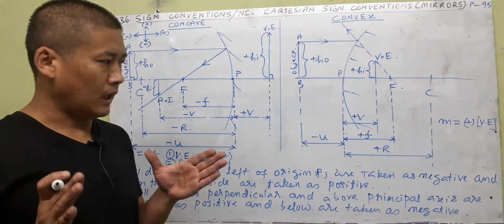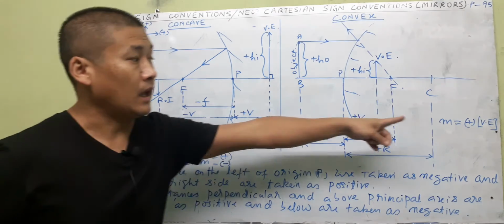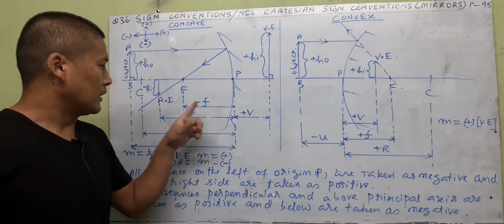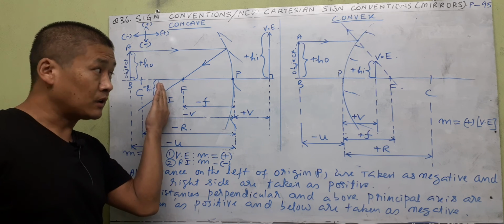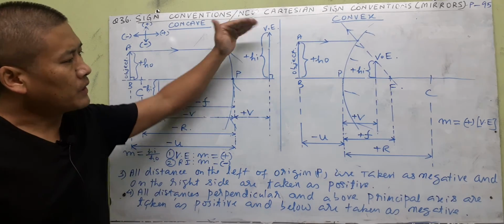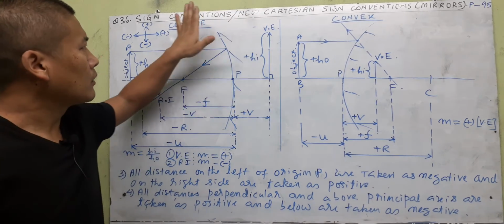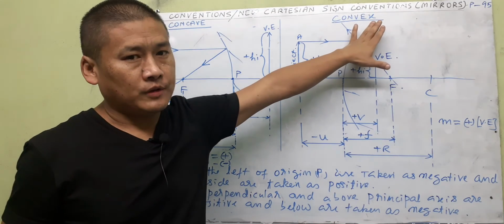Again, before we end the class, the main sign convention we need to keep in mind, apart from M, is this one. All real inverted images form on the left side or in front of a concave mirror, and all virtual and erect images are formed behind or on the right side of concave or even convex, because convex can also form virtual erect images.